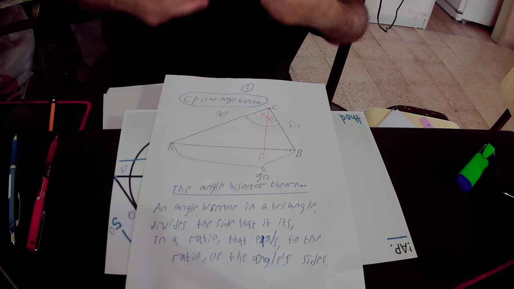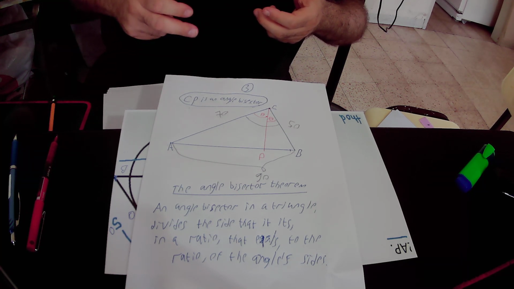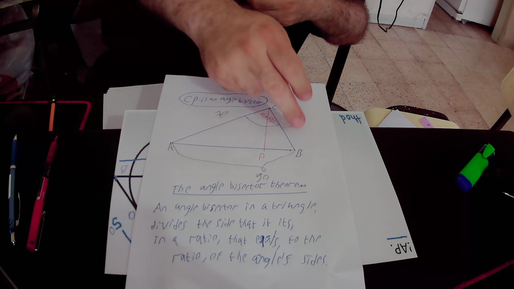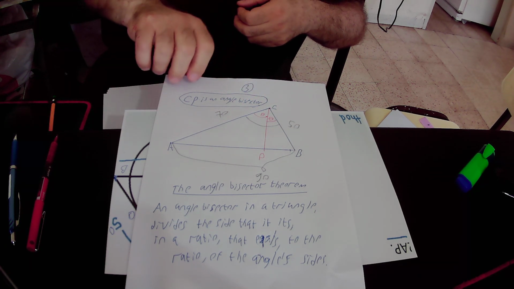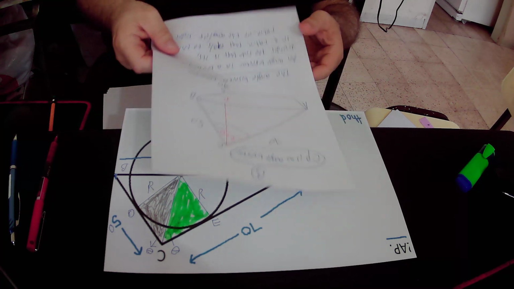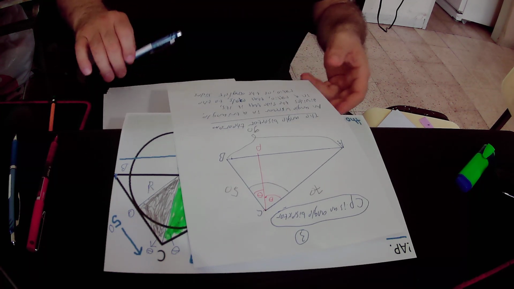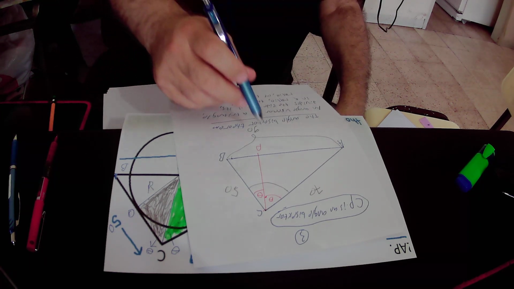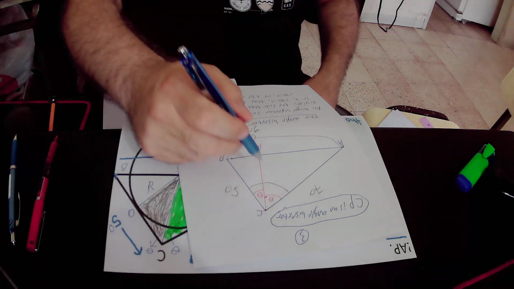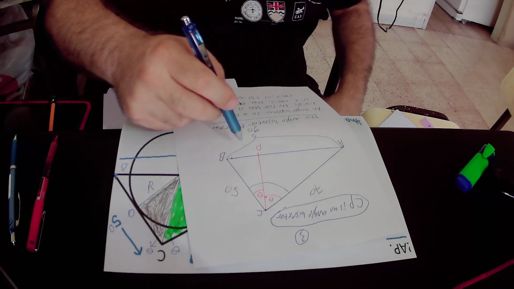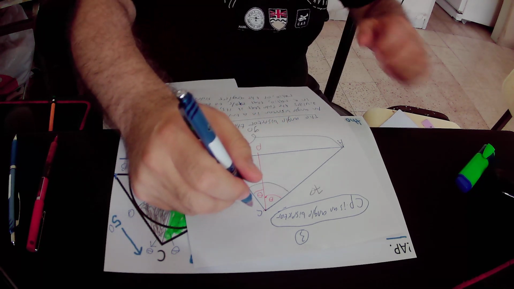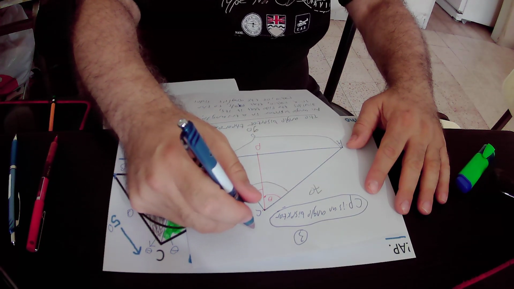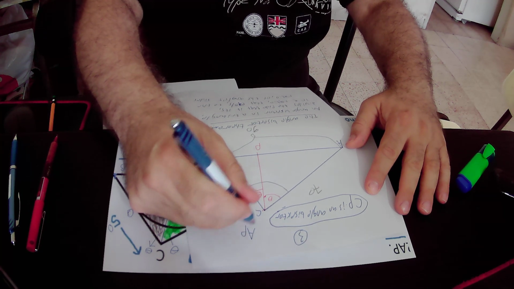And that ratio equals the ratio of AP over PB. Okay, so I will write it down. The ratio in which CP, the angle bisector, divides side AB is AP over PB.